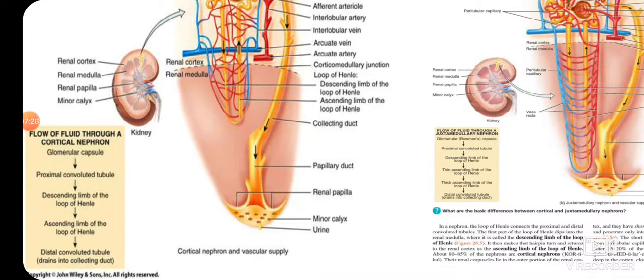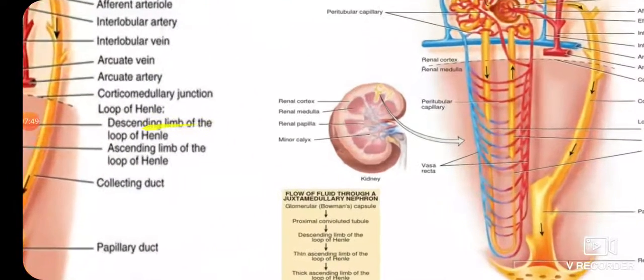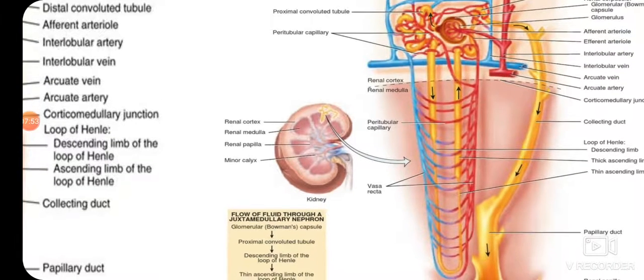That filtrate fluid goes into the proximal convoluted tubule, and then it transfers into the descending loop of Henle, and then the ascending limb of Henle, and that fluid is drained into the distal convoluted tubule, and that goes into the collecting duct. Okay, here it's the same, the only difference is that they have vasa recta and also peritubular capillaries. These are formed by the efferent arterioles.